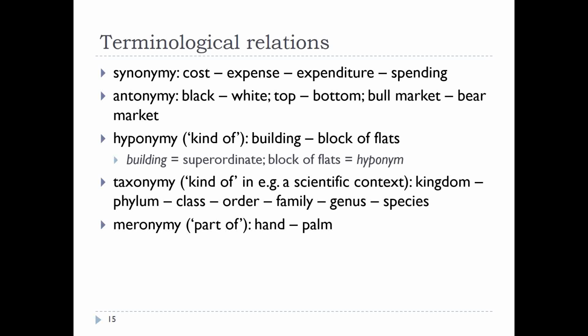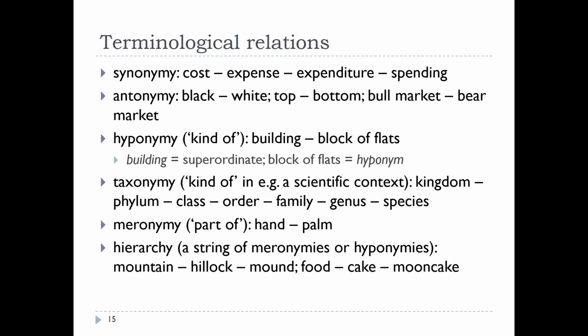Then we move on to meronymy, which is a bit like hyponymy, but while hyponymy refers to one thing being a type of another, meronymy refers to one thing being a part of another. So the palm of your hand, the palm is part of the hand. And then we can talk about various types of hierarchy, so that you can have a string of terms which could be hyponymous in relation to each other, or meronymous, or sometimes slightly different.